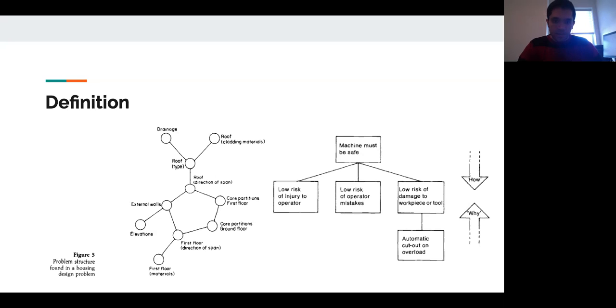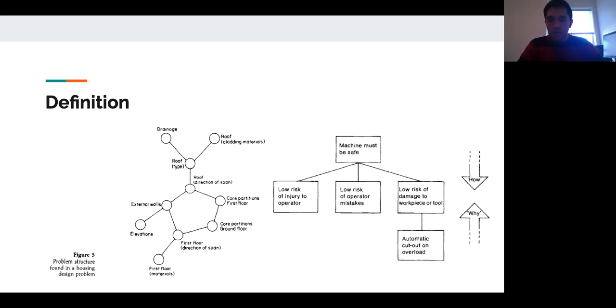On the left-hand side, you have a problem structure that I introduced last time. Basically, our main problem was a housing design, and you can work from a top-down or a bottom-up process. From the right, if you worked top-down, it results in a series string of how.